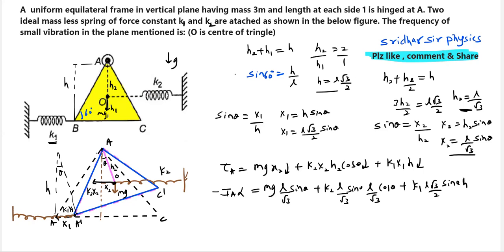So therefore, now sine theta very small will become theta, cos theta will be 1.